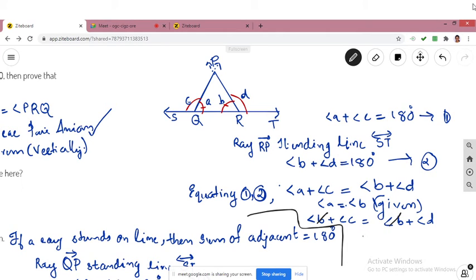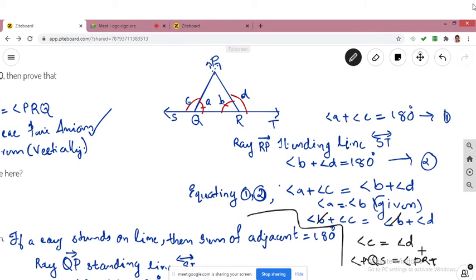So I will get angle C is equal to angle D, that is angle PQS is equal to angle PRT.